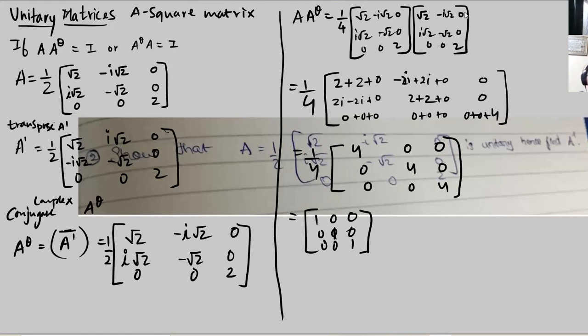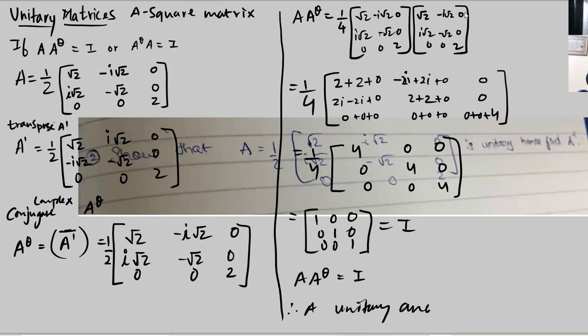So we got the identity matrix. Hence this is called a unitary matrix. So we can say that A into the complex conjugate transpose of A, A theta, is I. Therefore, we can say A is a unitary matrix.